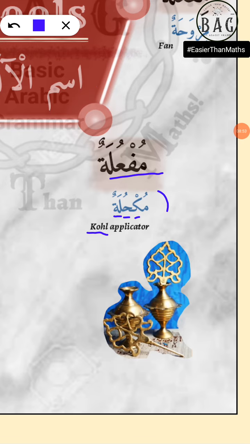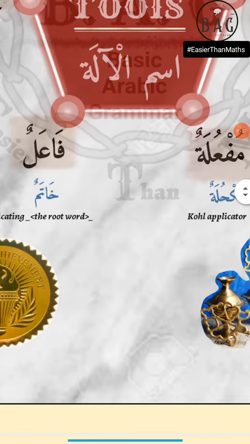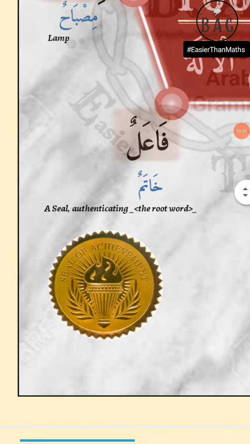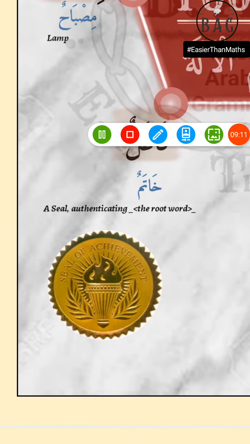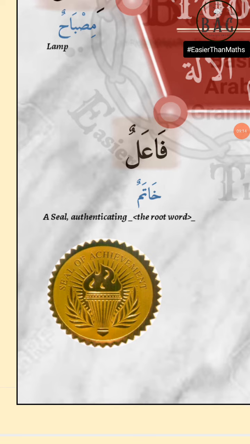Now, the applicator, the stick, of this kohl is called mukhulatun. So this thing here, this is mukhulatun. Now the final pattern is fa'alun, and I find it really cool because the concept that it imparts to the derivative is mind-blowing.